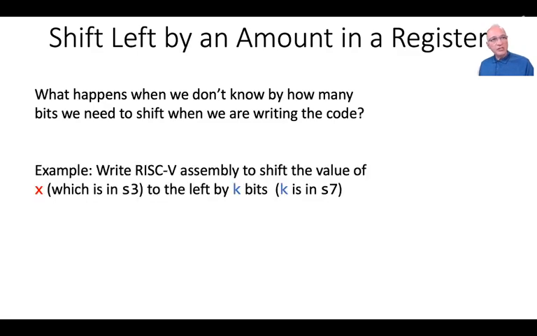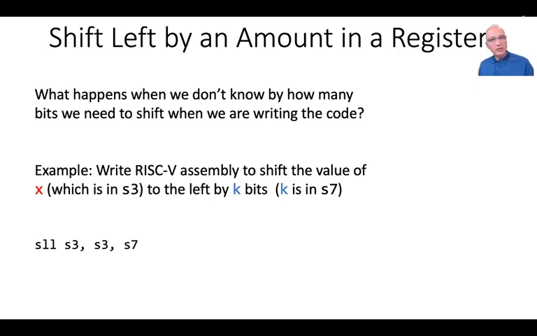So in this case, for example, I would have an exercise where I want to write a RISC-V assembly code to shift the value of x, which is a variable that I currently have in S3, to the left by k bits, where k is a value that's stored in register S7.